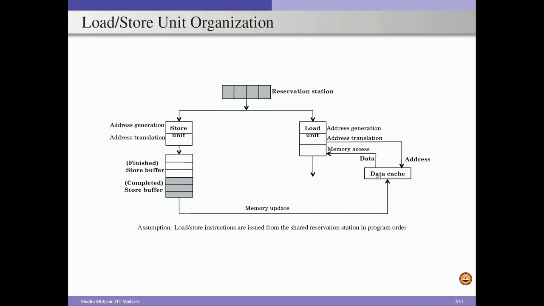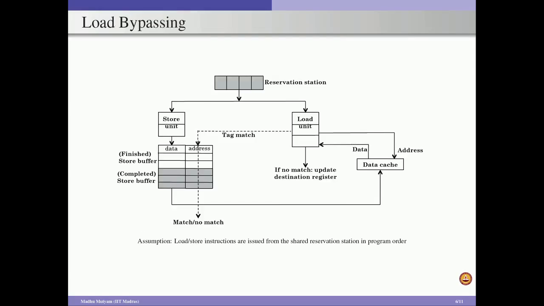Then we can go to the memory, or if our system supports data caches, we go to the data cache using the translated address, and read data from that particular location. So effectively, the third stage of the load unit pipeline is the memory access, where the actual access to the data cache happens.